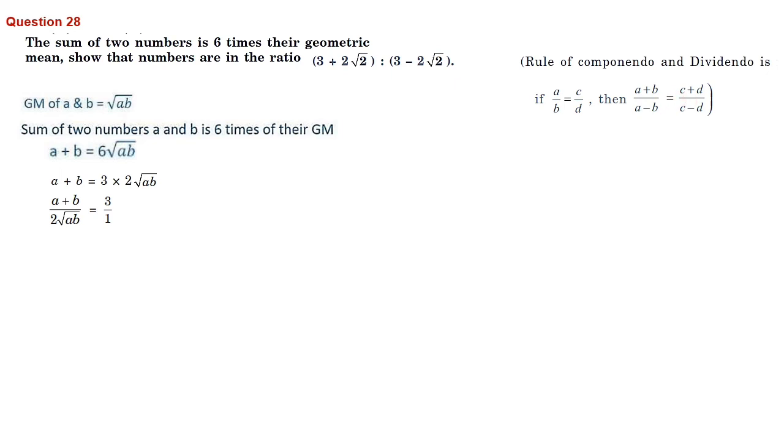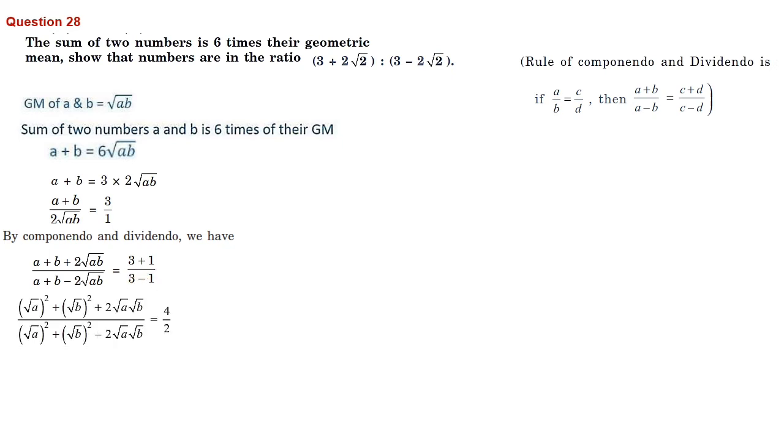So here, a plus b, the numerator, plus the denominator, 2 root ab, divided by a plus b minus 2 root ab, equals c plus d by c minus d. Adding the denominator to the numerator, 3 plus 1, divided by 3 minus 1.